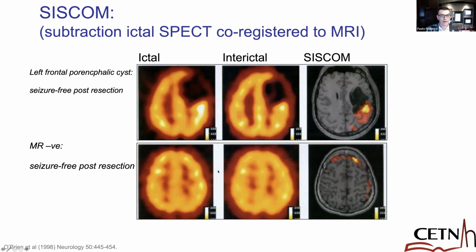And the same can be seen in this patient who's MR negative, where a very small focus of hyperperfusion can be seen here, which in retrospect probably was there on the base images, right? Here's the ictal versus interictal, but it's obviously much more easy to identify this way.